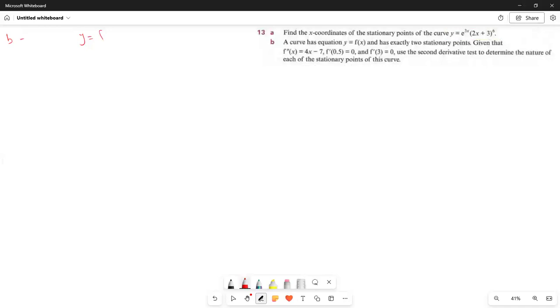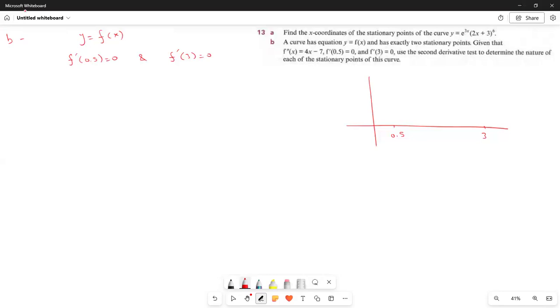We do not know its exact shape, but we are given that the derivative of this function at 0.5 is 0 and the derivative of this function at 3 is 0. So from this information we can see that whatever the shape of my curve, at 0.5 we have one stationary point, and at 3 we have another stationary point.